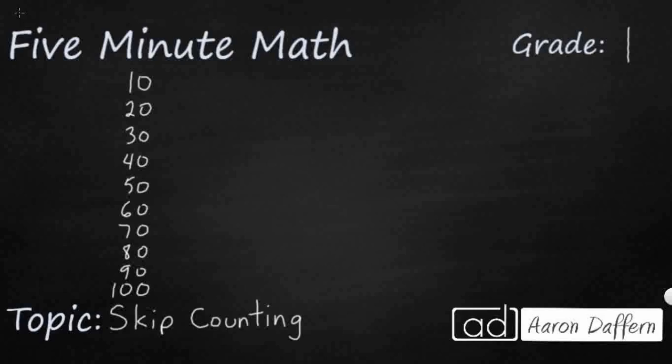You should notice that every ones place, this is the ones place right here, I'm going to write that up at the top, has a 0, 0, 0, 0, 0, 0. And the tens place, that's the second spot right here, it just goes up by 1. If you look at just the tens place, it's 1, 2, 3, 4, 5, 6, 7, 8, 9, and it goes up to 10.